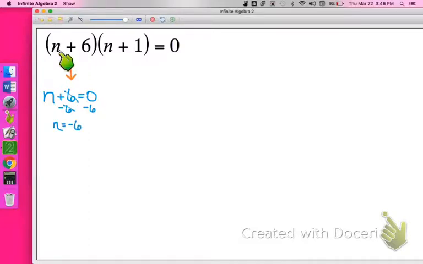If I plug a negative 6 into this group, I'm going to get 0, which is going to make this whole thing equal 0, because 0 times something is 0, no matter what. Or it could be that this is equal to 0. So once again, I'm going to solve it, and it's equal to negative 1.